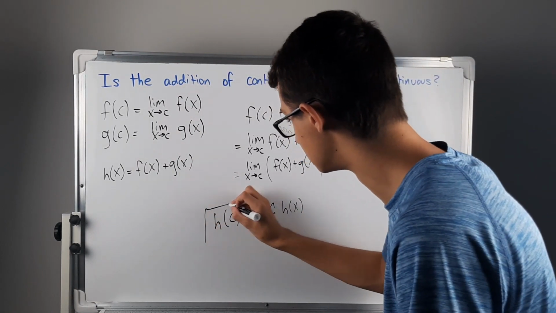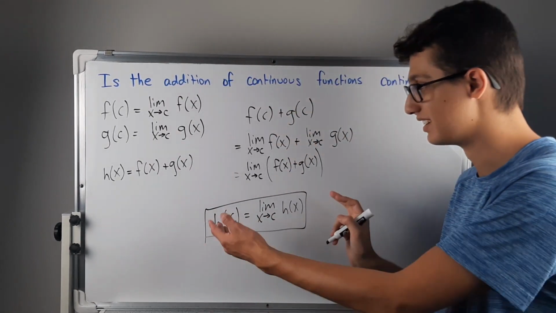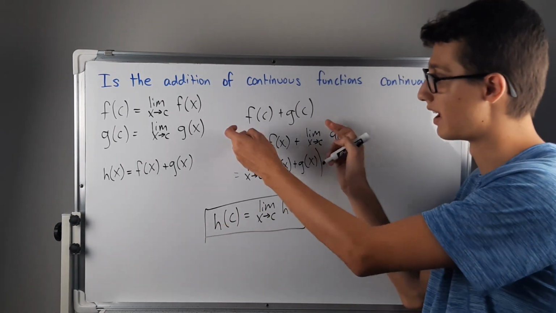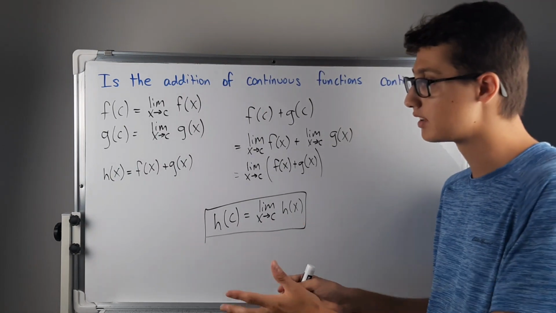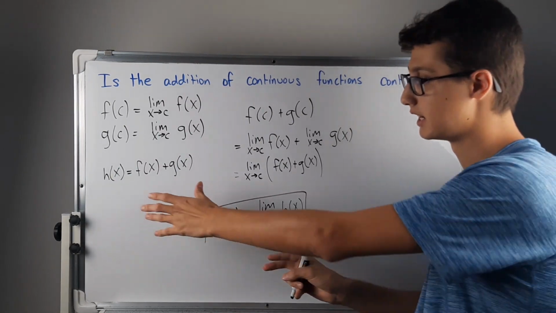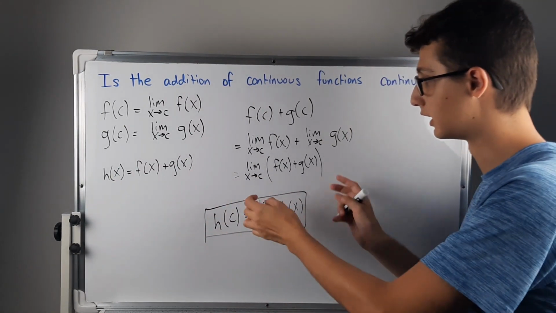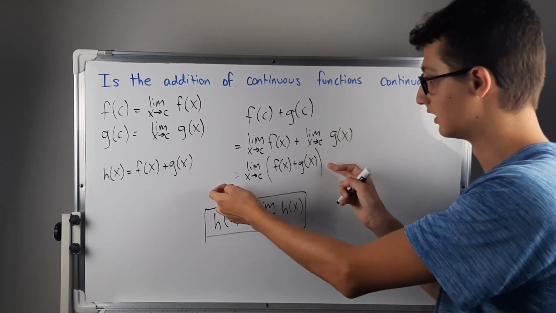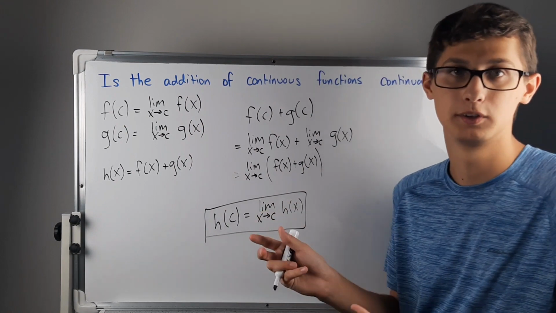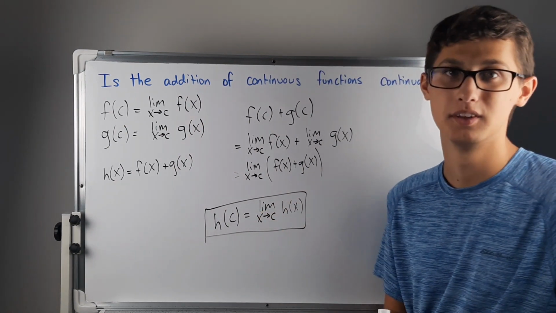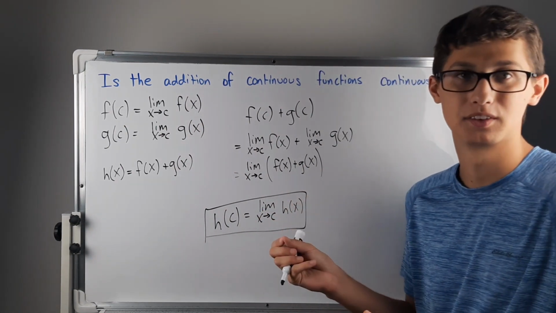And that establishes that h, or otherwise f plus g, is continuous at x equals c. Now, you didn't necessarily need to introduce the function h into this. You could have done without it and just noticed that this is equal to the limit, which is kind of the same pattern here. But you can totally do it just by introducing a new function. So that hopefully answers the question.